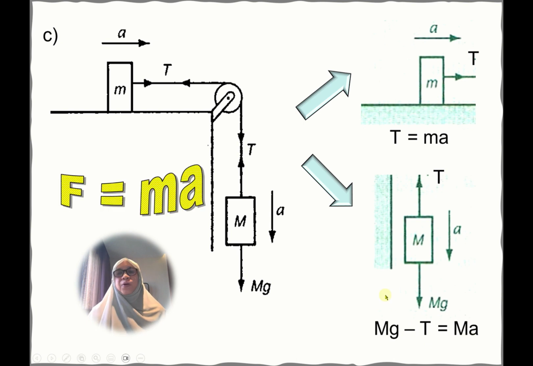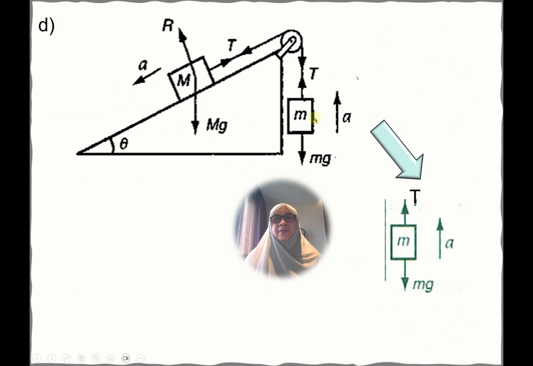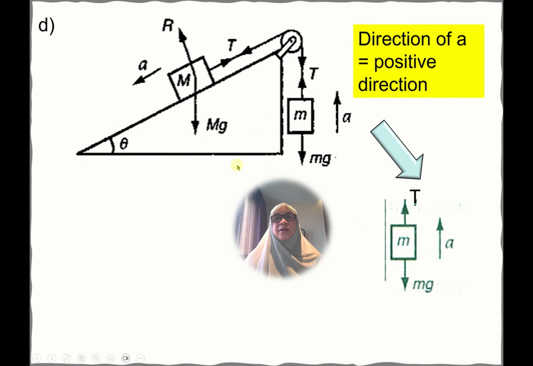Right? Okay. And the last one, the 2 body diagram here. So we draw separately. For this one, M, the tension in the string and the weight downward, mg. This time the upward direction is positive, because when the M slides down, it pulls the other M up, so the direction of A is upward.